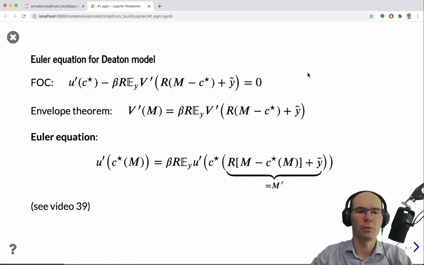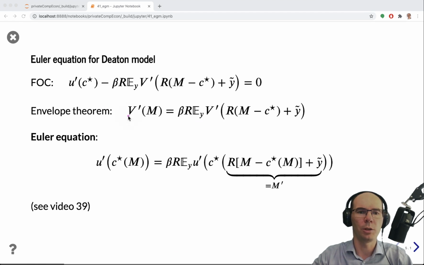We've derived in video 39 the Euler equation for the model, and that's just to remind you, it is a combination of the first order conditions that we write for the maximization problem in the Bellman equation and the envelope theorem. We then notice that the right hand side on both of these equations is exactly the same, and that means that at every time period the marginal value function is exactly equal to the marginal utility computed at the optimal choice of consumption.